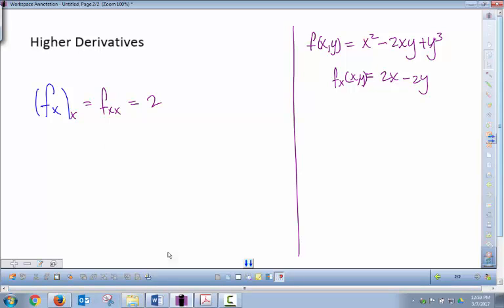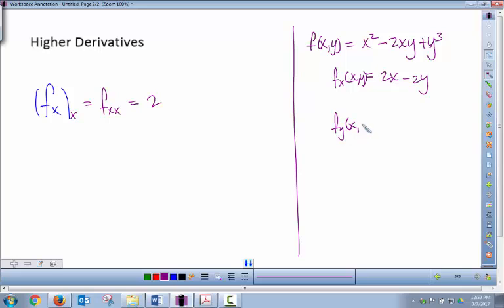If we find fy, the result will eventually also be a function of x and y. fy is 0 minus 2x plus 3y squared. So fyy, we can take a look at that in two steps.